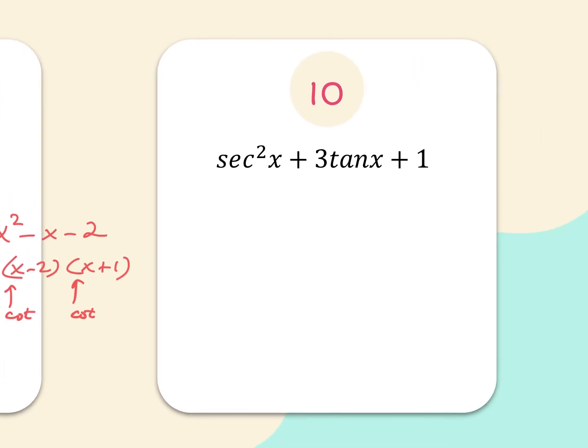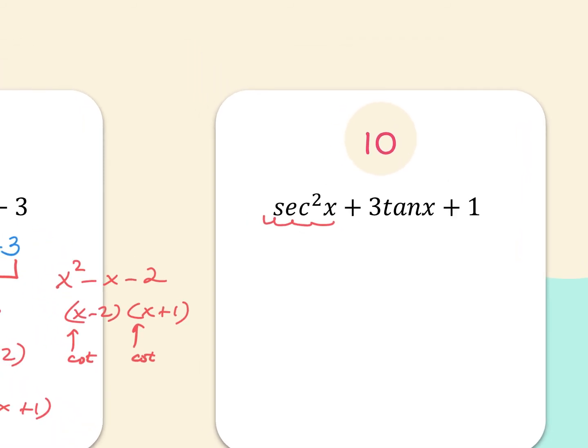So for number 10, same scenario. I'm going to replace this secant squared x with a Pythagorean identity. And the Pythagorean identity I'm going to use is going to be tangent squared x plus 1 equals secant squared x. So I'm going to take this out, and I'm going to put this in its place.